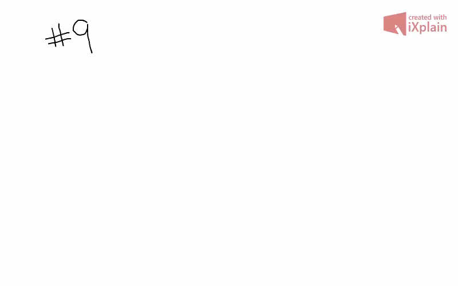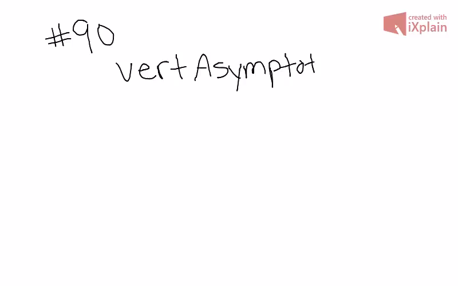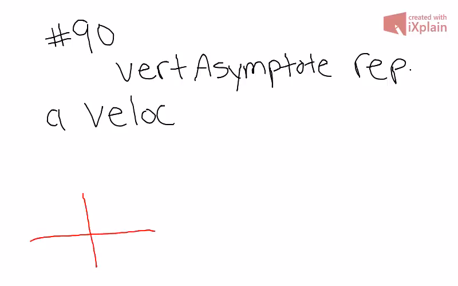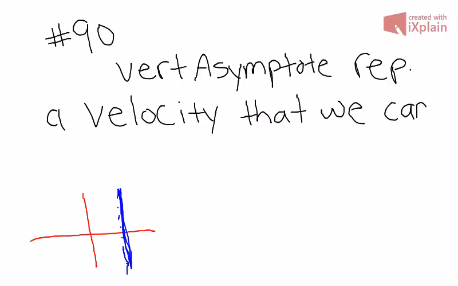Alright, so number 90, this one's not too bad. You just kind of have to think about, okay, so this is some flight of the rocket. A vertical asymptote is some point where, if this is a graph, and we have a vertical asymptote here, that means that we can't have this x value all along this line, whatever x value that is, like x equals 3 or something.